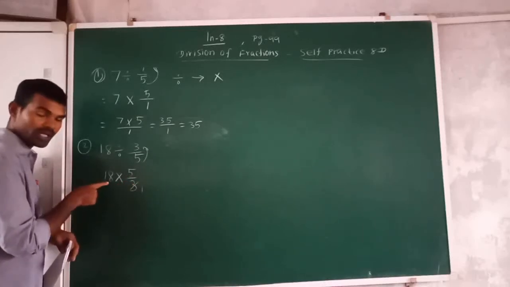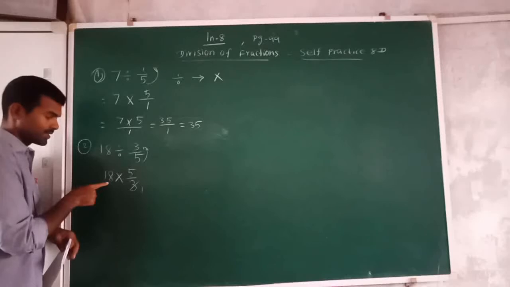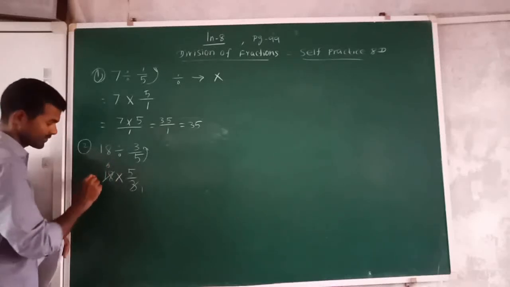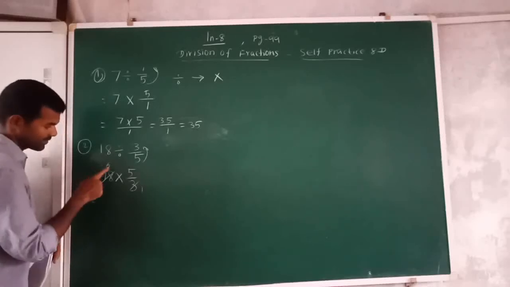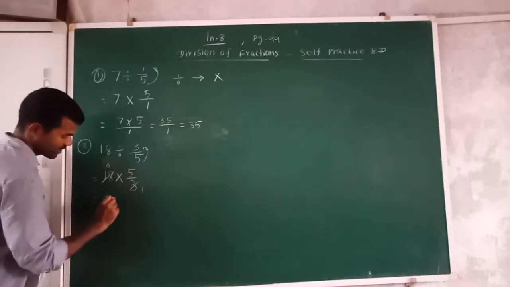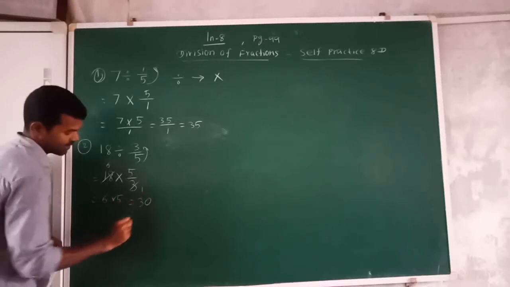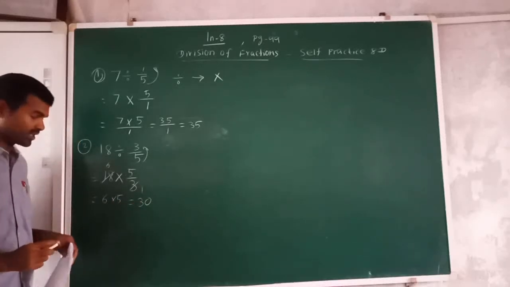In 18, how many times 3? 6 times. Now 6 multiply 5, how much? The answer is 30.